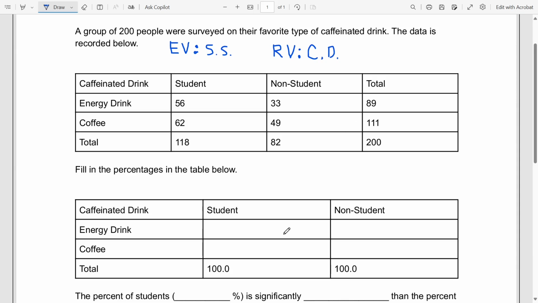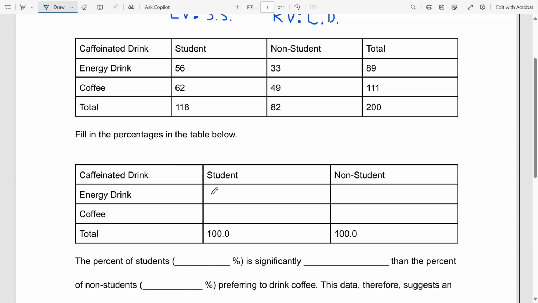Okay, so we want to figure out the column percentages here. So if I take 56 here, and I divide by 118 and multiply that amount by 100, I'll get my percent here. So 56 divided by 118 times 100.